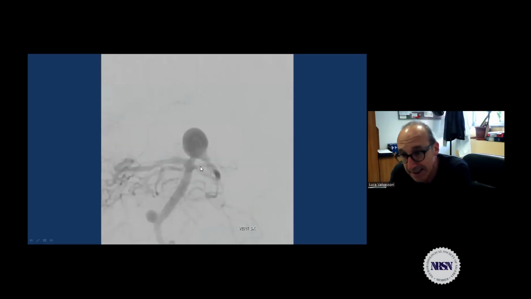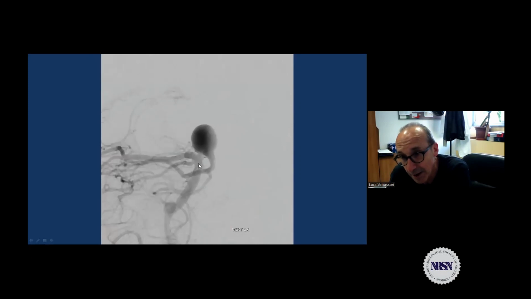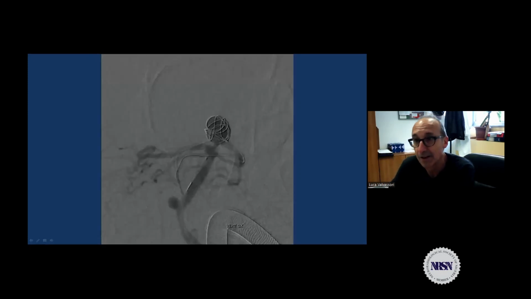The problem is that there's a broad neck here. The basilar goes into the sac here and goes out in another position. So all this is the neck of the aneurysm.